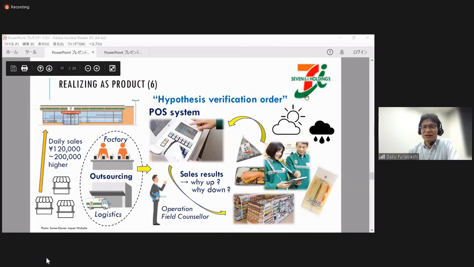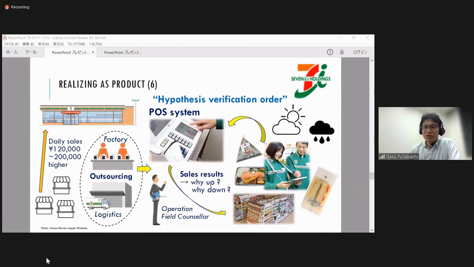7-Eleven has a special kind of system. They have a point of sales system and store the information on what kind of products were sold. At the same time, they also use the experiences of the people working at the store, because not all the stores are in areas where people's characteristics are the same, or sometimes in special regions, they have a special occasion.